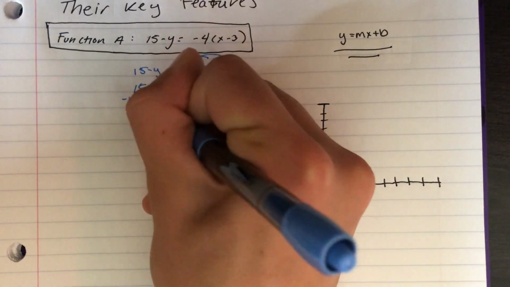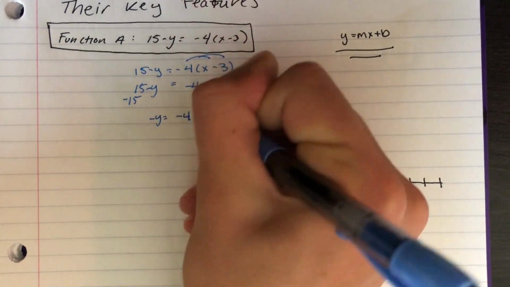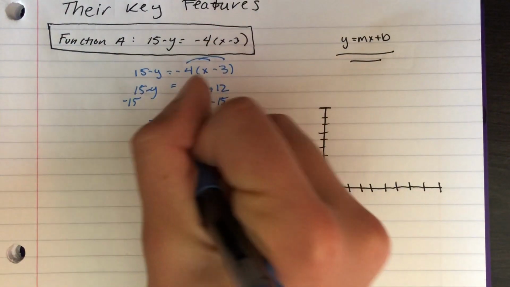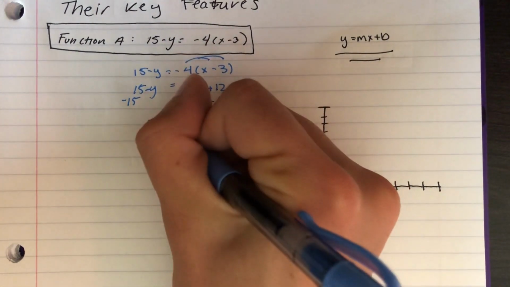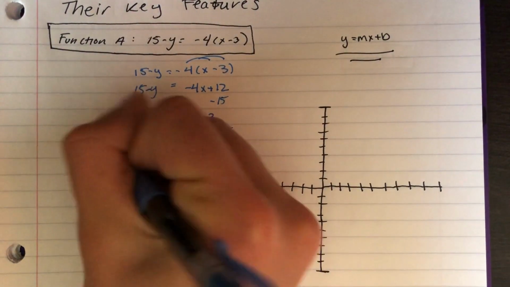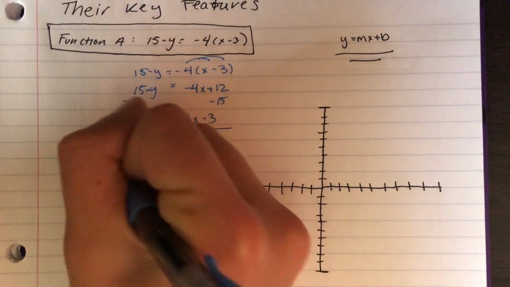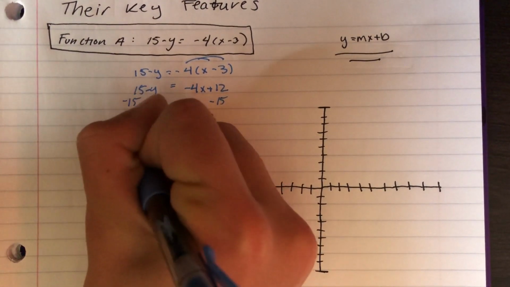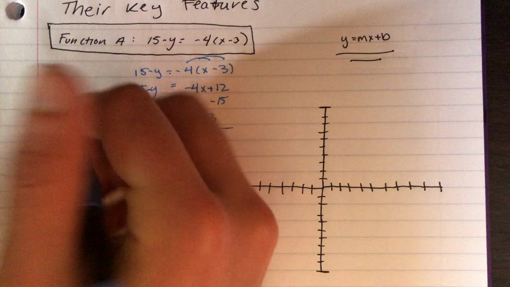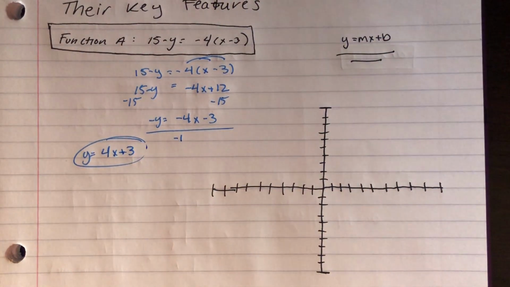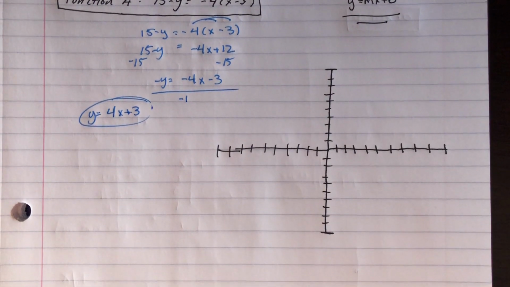However, you notice now that it's all negative. So what we know now is that we can divide off a negative 1 and get our final equation as y equals 4x plus 3. So now that it's in this form, we can move over to the graph.